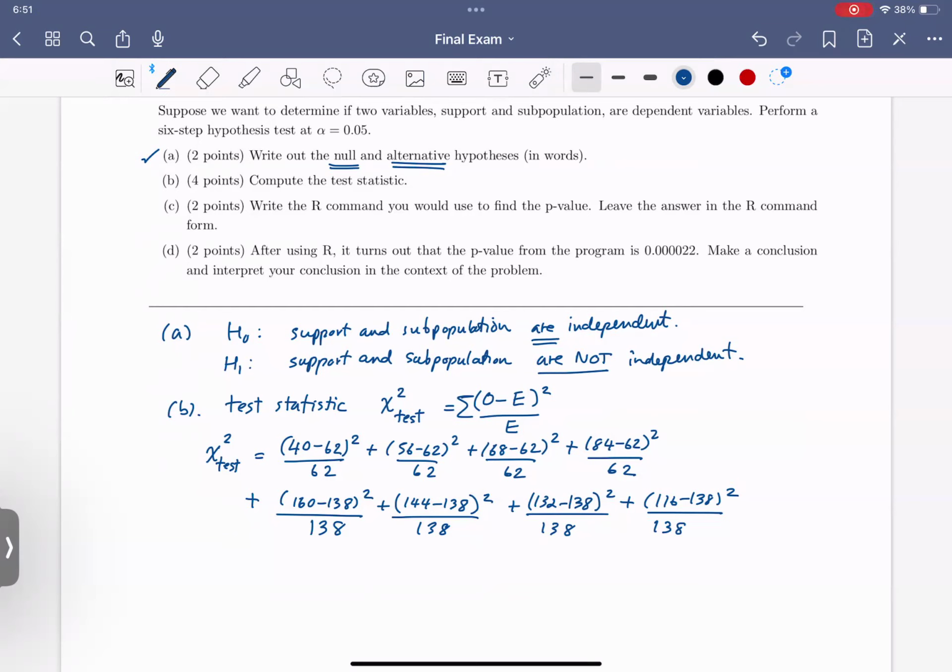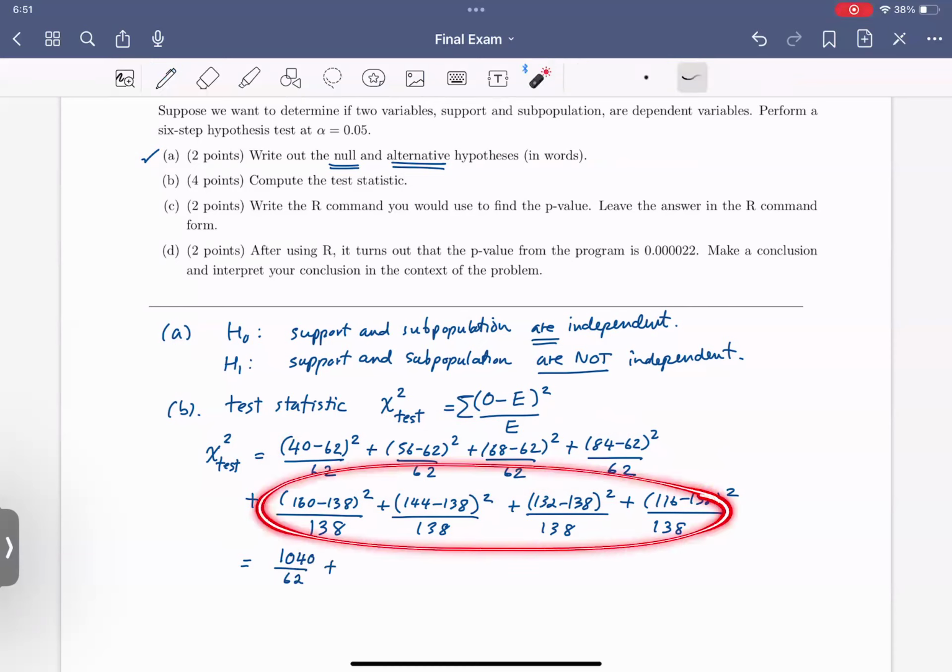On the first four terms, I'm going to group them together first. The first four terms give 1040 over 62, and then plus the next four terms: 160 minus 138 squared, plus 144 minus 138 squared, and so on, up to 116 minus 138 squared.